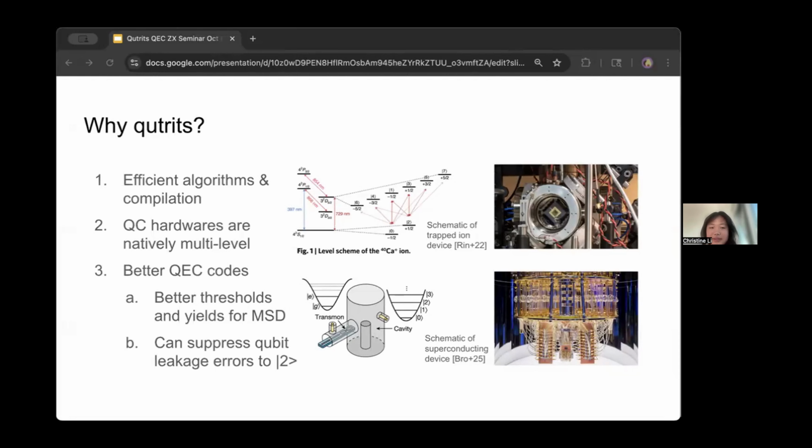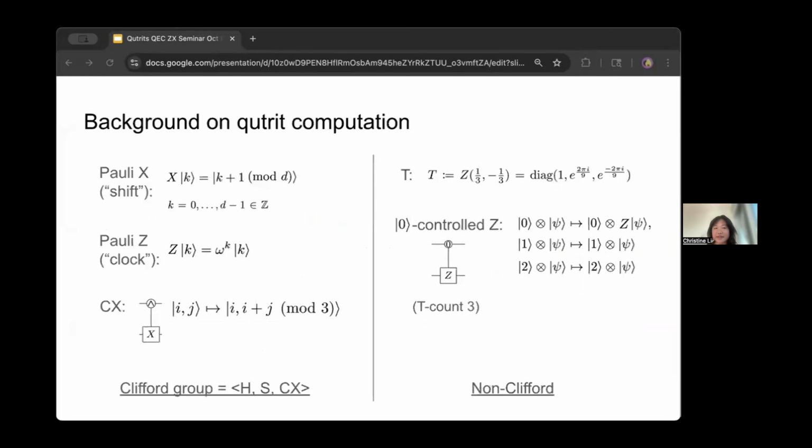And also, hardware like superconducting and trapped ion natively have more than 2 levels. And lastly, QEC codes in higher dimensions can have better code parameters than is possible for qubits. And if we use qutrit codes to emulate qubit computation, then we can also suppress qubit leakage errors to the ket 2 state.